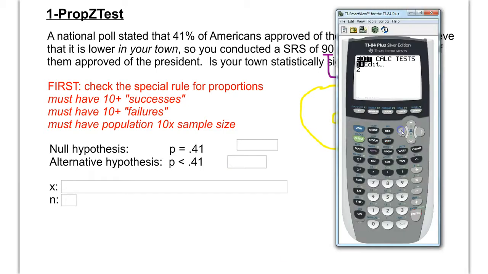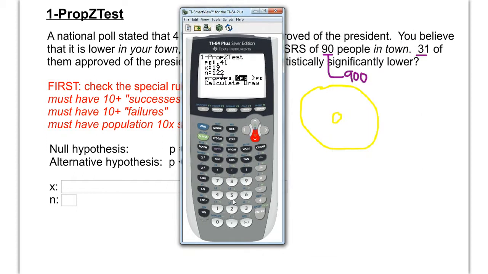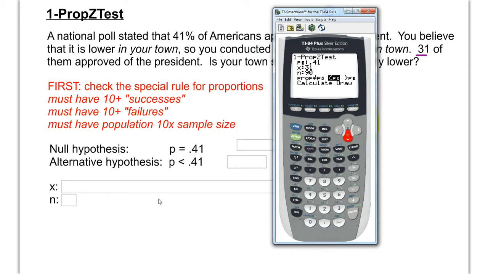So you take out your calculator and you go down to the one prop z-test. In your p0, you would type in 0.41. From your data, the number of successes you collected was 31 out of 90. Your alternative hypothesis is that your proportion is less than that 0.41.